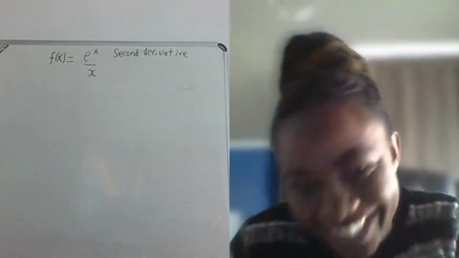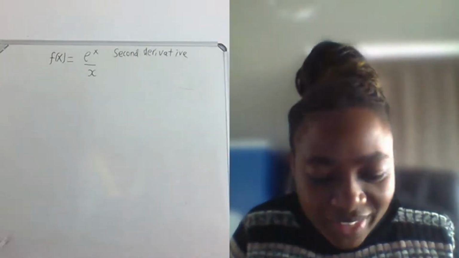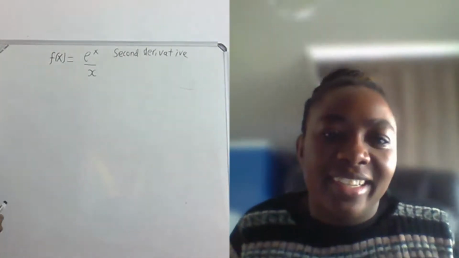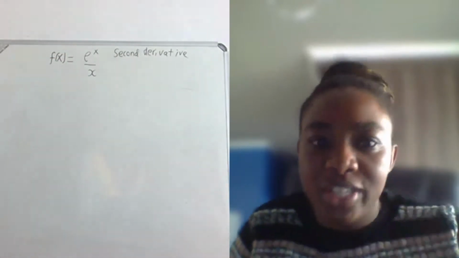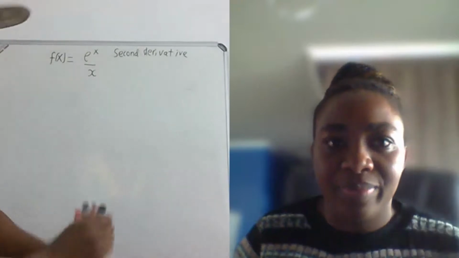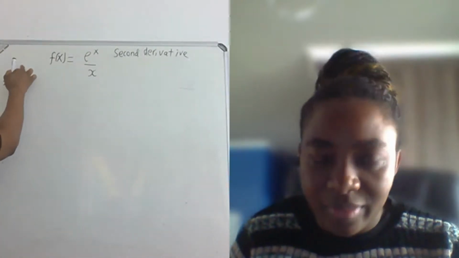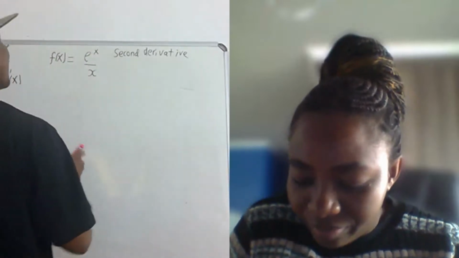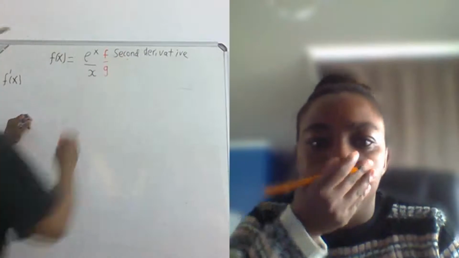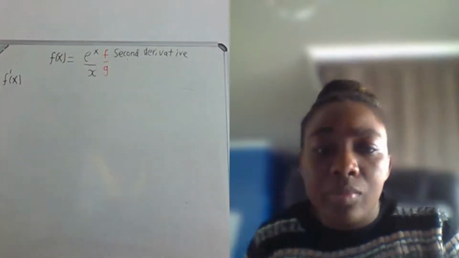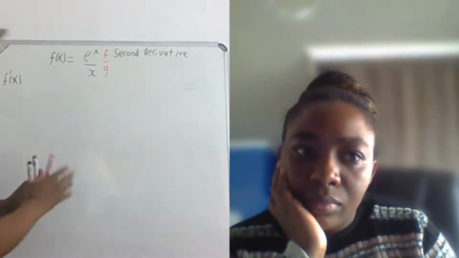Okay, let's go. So what we're going to say here, second derivative. Now, which type of differentiation is this? Product or quotient or what? Quotient. So we're going to apply our rule. We can simply say this is going to be f and this is going to be g. Now, the formula says, do you remember the formula?